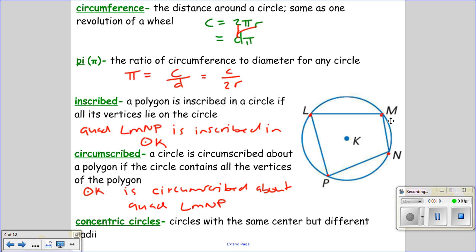Again, because it covers the entire polygon and the circle touches each one of the vertices.